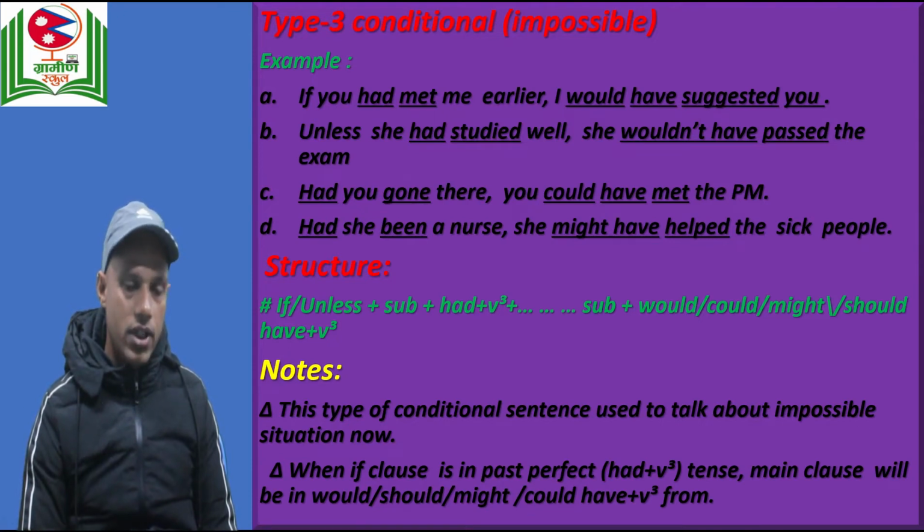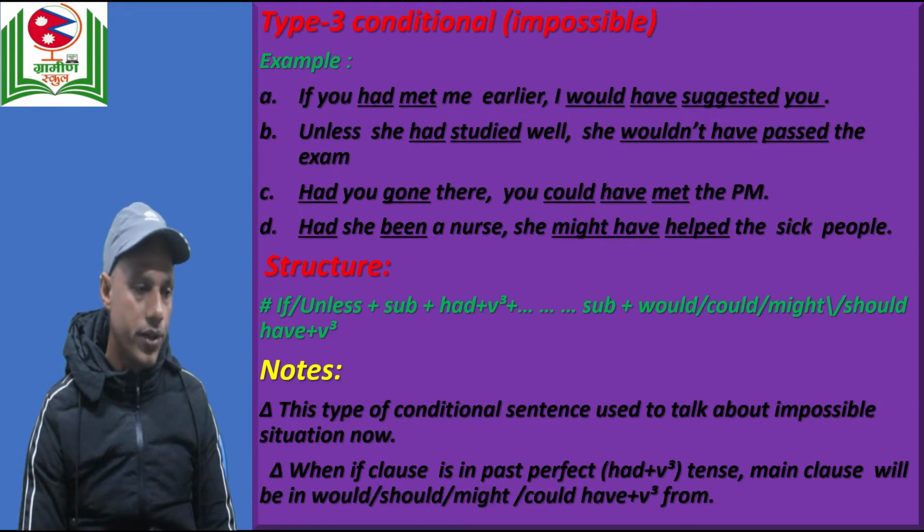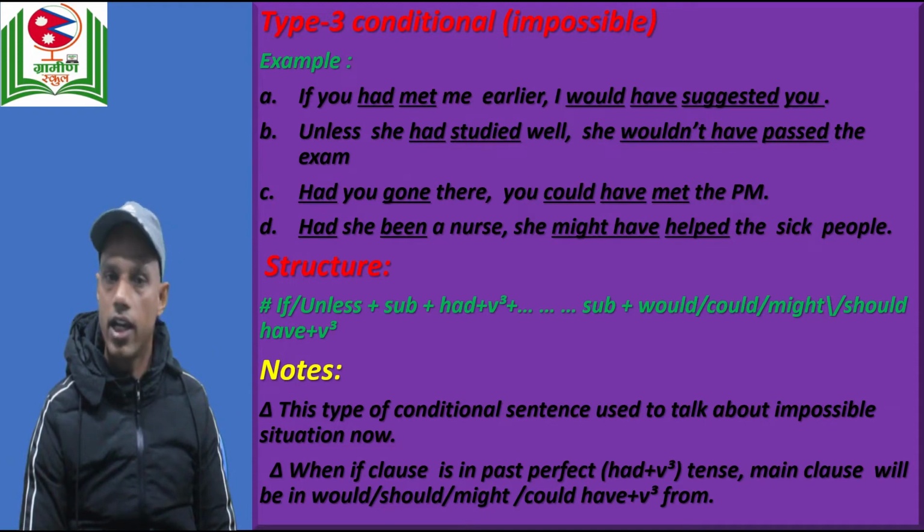And for this type of conditional sentence, you can follow the structure as given over here. You can see, yes, if clause is in past perfect tense, had plus verb 3, and main clause is in would, could, might, should, have plus verb 3 form, right?